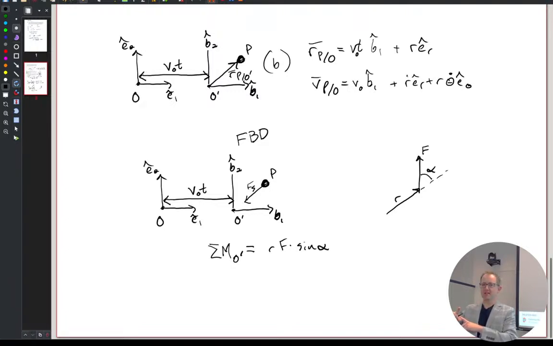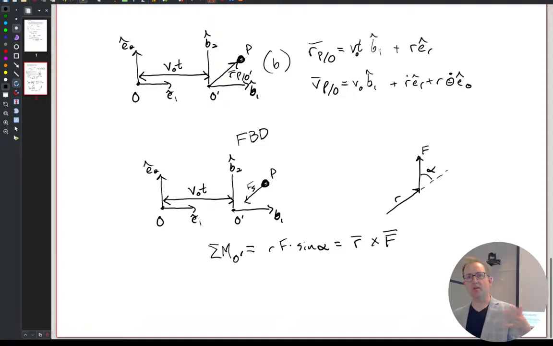If you want to take the two perpendicular components of these two vectors, maybe it's a weird question. So another way we can say that is R crossed with F, the cross product of position and force.